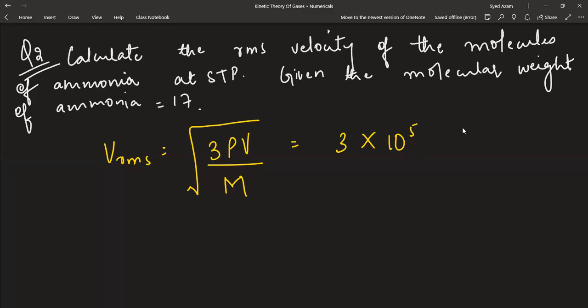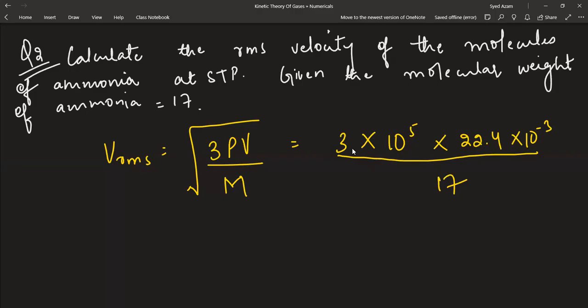And the volume is 22.4. At STP, the volume is 22.4. For meter cube, we'll multiply it with 10 to the power minus 3. Remember, 22.4 into 10 to the power minus 3 is the standard volume at STP. These two values are for STP.